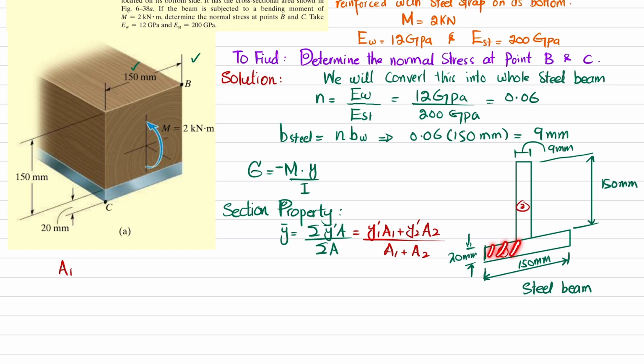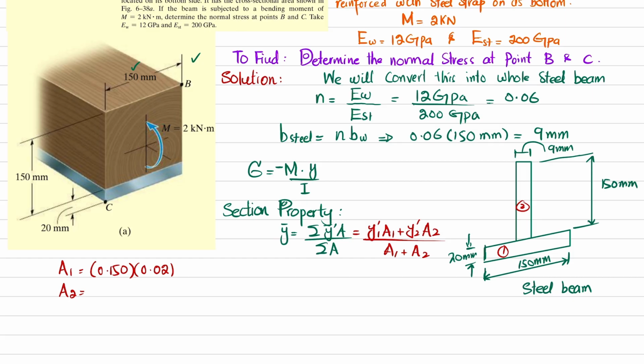You can see it is 150 by 20 millimeter. So I can write a1 is 0.150, in meters, times 0.02, since 20 millimeter is 0.02 meter. What is a2? a2 is the cross-sectional area of this portion, which is 9 by 150.